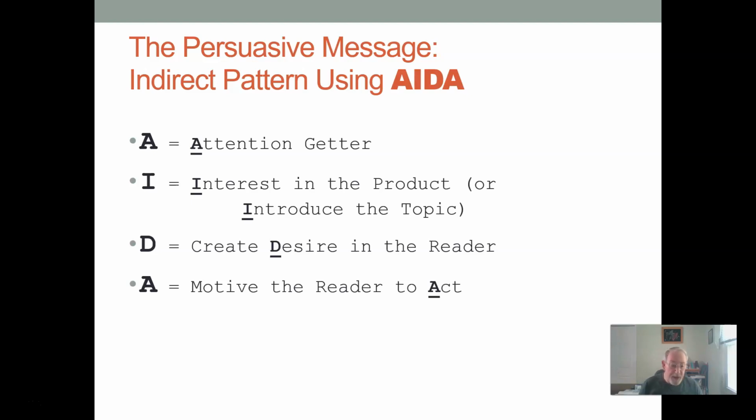Finally, close by motivating the reader to act. Give the reader a clear, easy action to do, to act on your request. This isn't the actual request. That came under desire. Include a deadline.